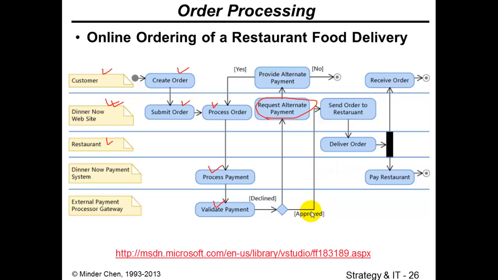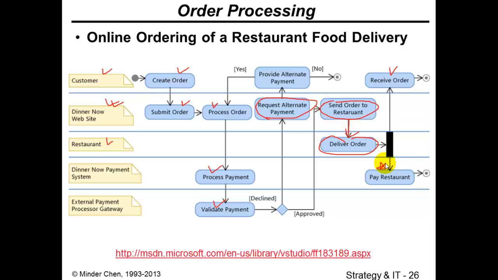If the payment has been processed without any problem, then we need to send the order to the restaurant. The restaurant receives the order, will deliver whatever has been ordered to the customer, and eventually the company needs to pay the restaurant through the payment they receive from the customer.